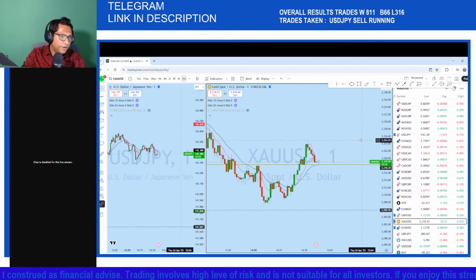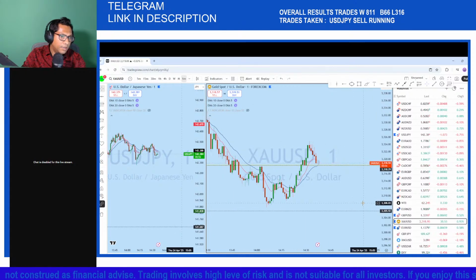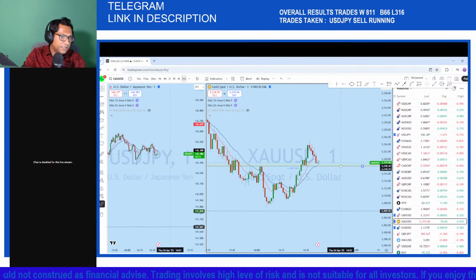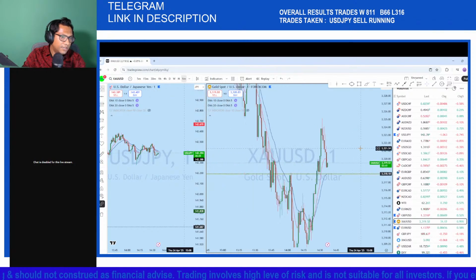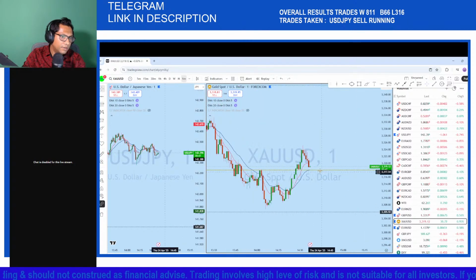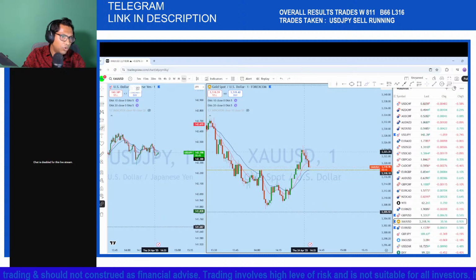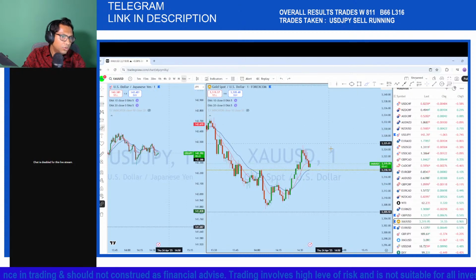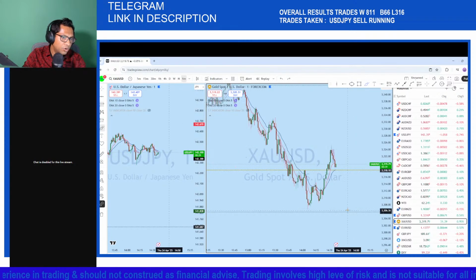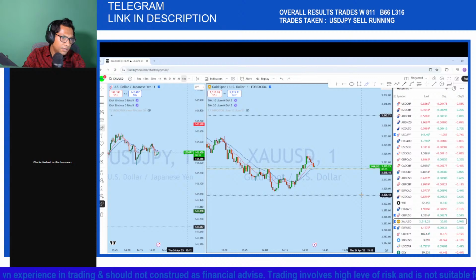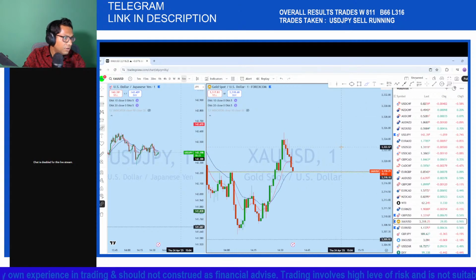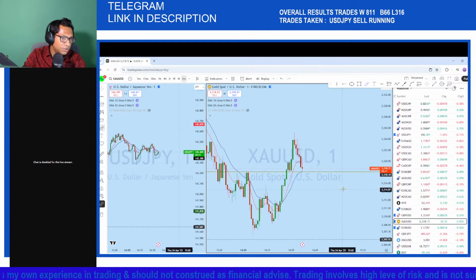Okay, so here, this is the nearest support here, and we would like to see that. So if we see this overextension here and again started to bounce, we could see a potential change of trend, and I think that's what the market is currently aiming for.